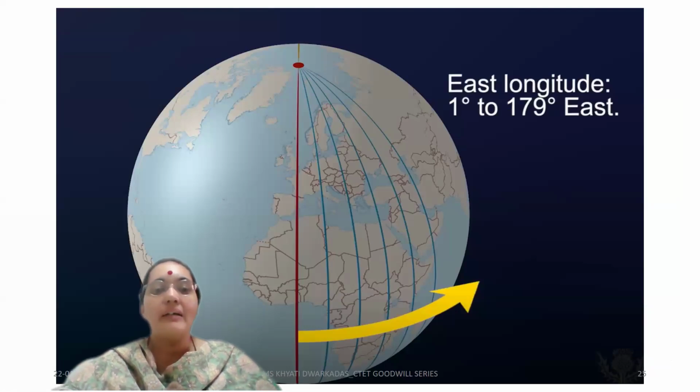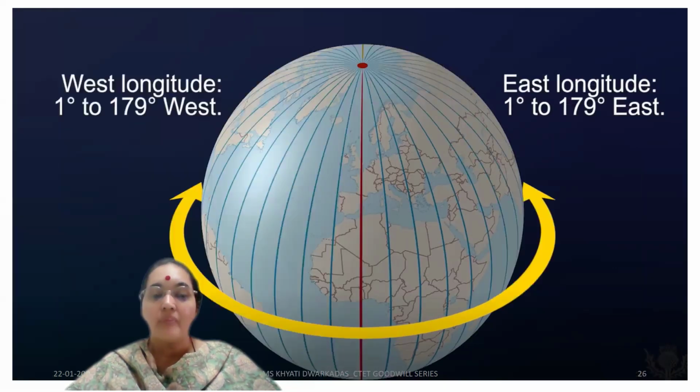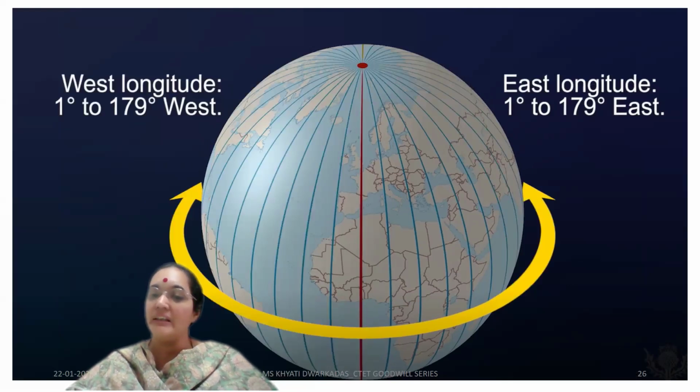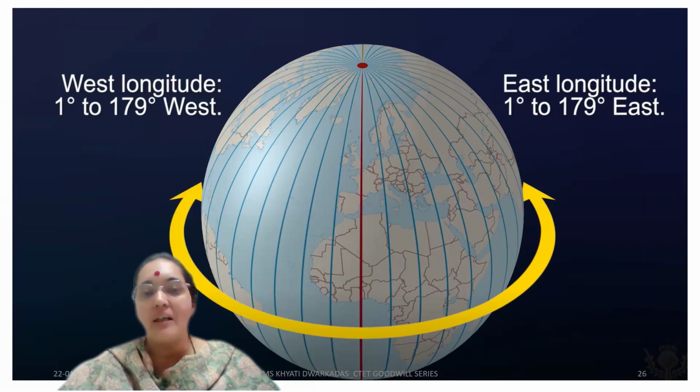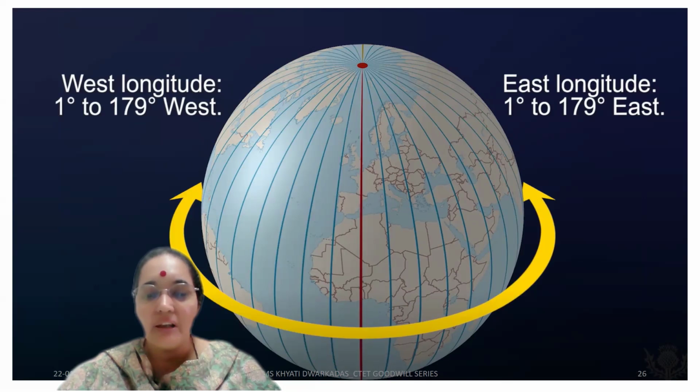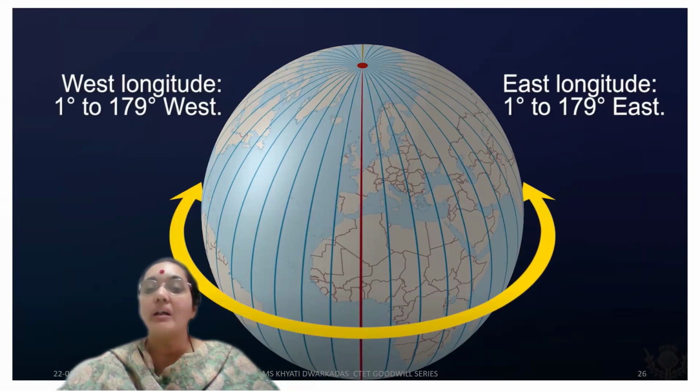So I have shown you this, but a clearer diagram that I find. You move 1 to 179 degrees east to reach 180 degrees longitude from the prime meridian. You move 179 degrees west also, and you reach the 180 degrees meridian, which is your 180 degrees longitude.